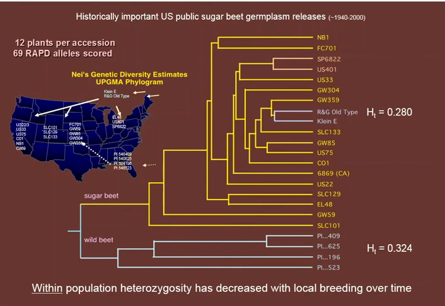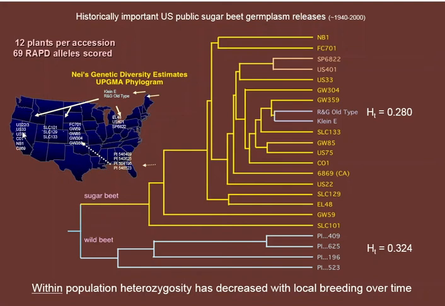And through World War I, all of the seed that was planted in the United States was obtained from Germany. So it was really up until World War I before we had breeding in the United States. And these two varieties, Kleine and RNG old type, are thought to be the originators of the U.S. germplasm, at least in these various sites.